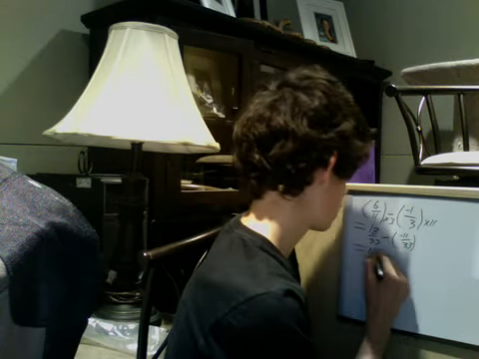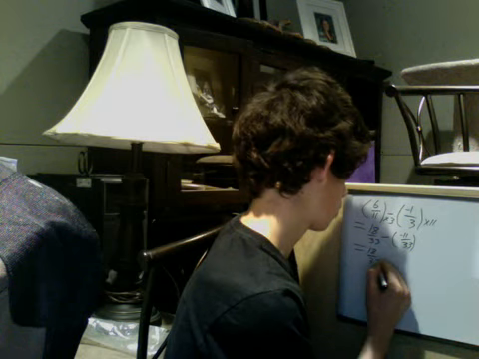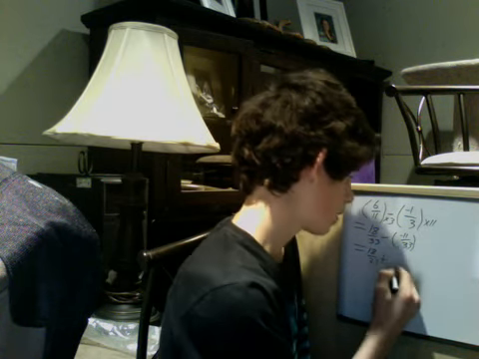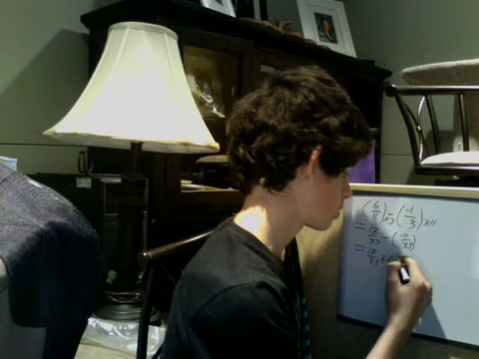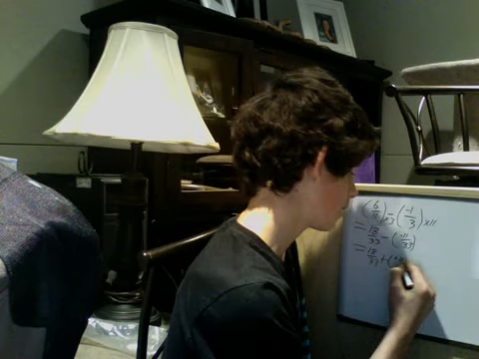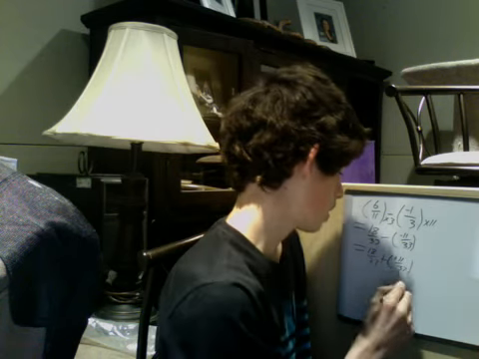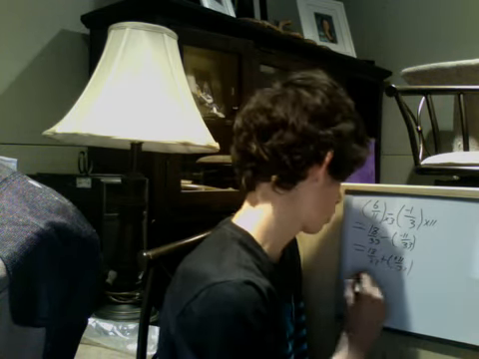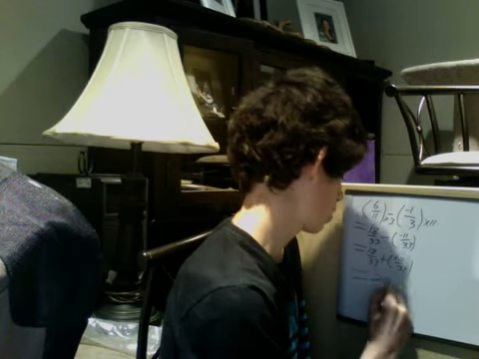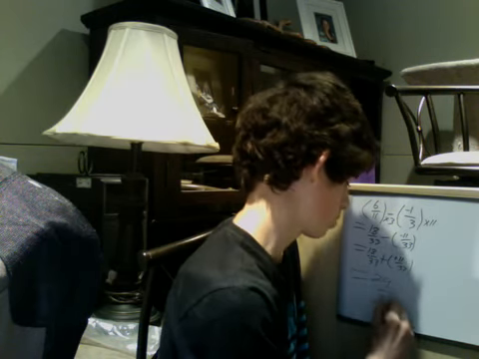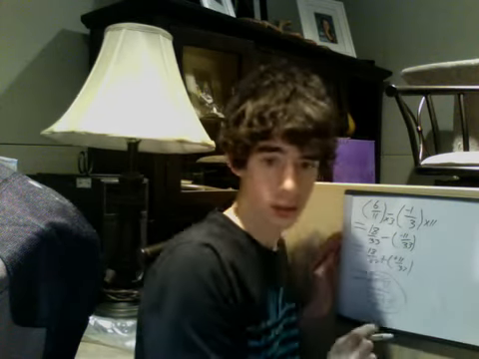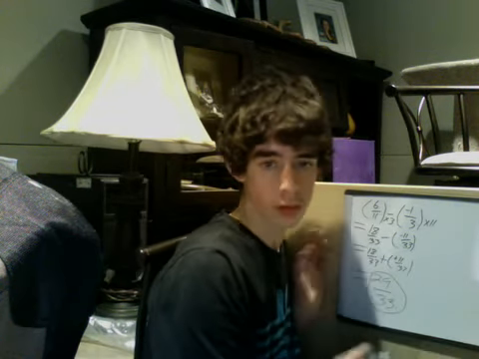So 18/33 added to the inverse, so plus, this turns into a positive, so it's positive 11/33 now, so it's 28/33, well, 29/33, and you can't reduce that, so that is the answer, 29/33.